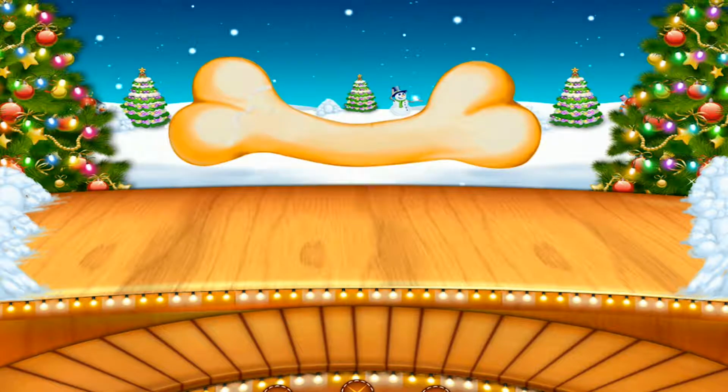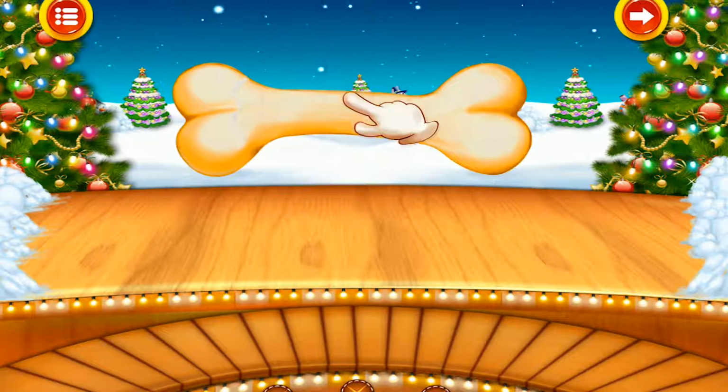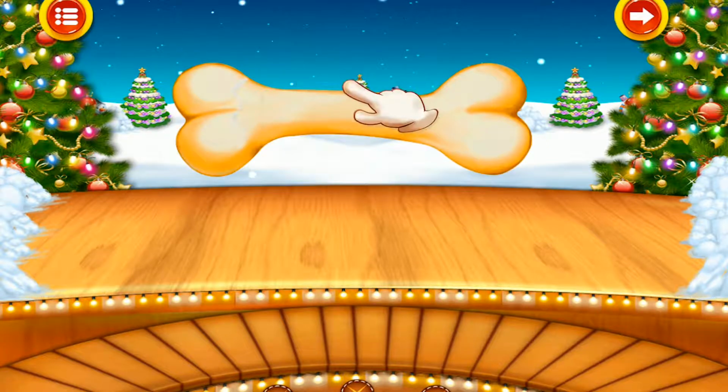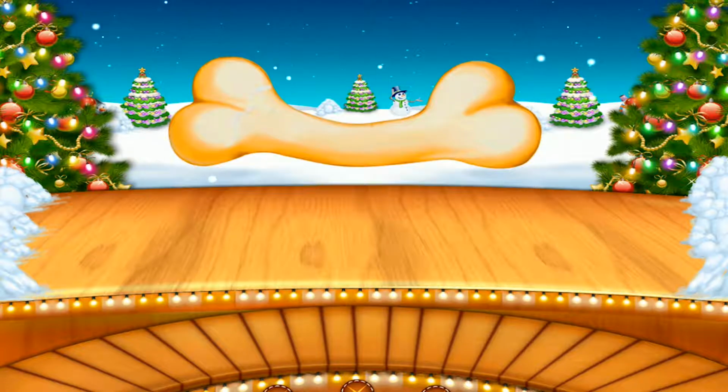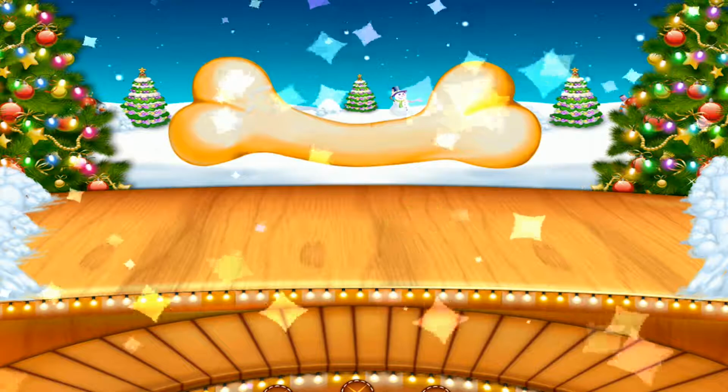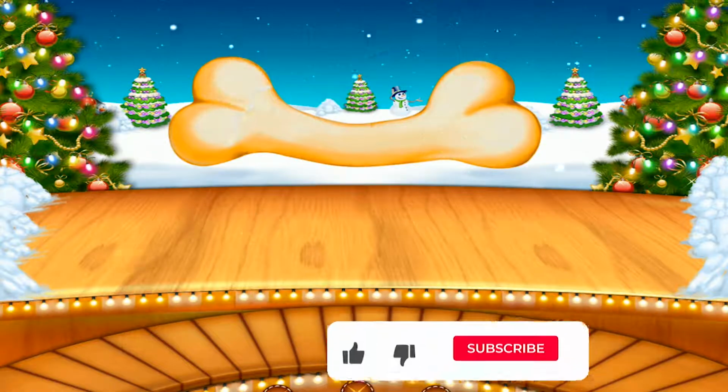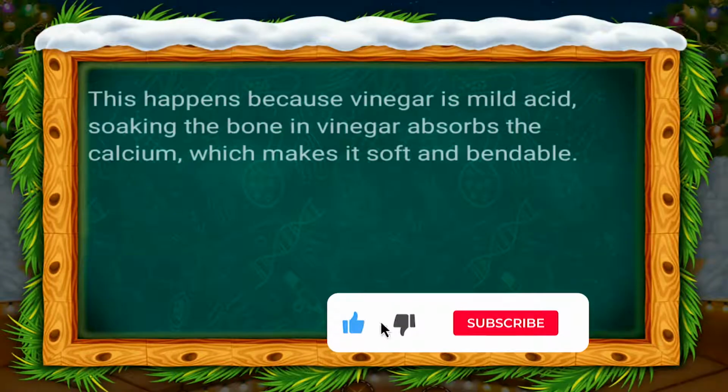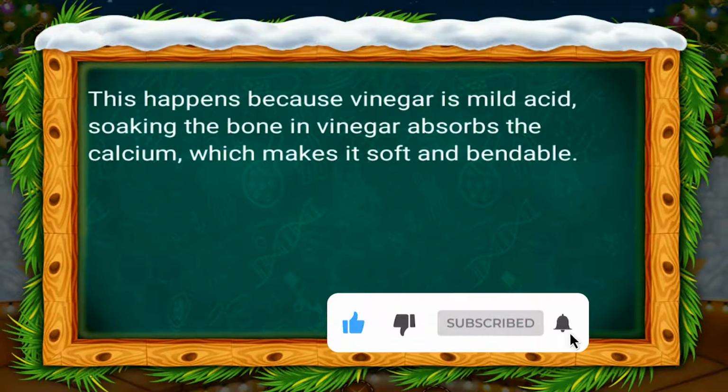What did you observe? This happens because vinegar is a mild acid. Soaking the bone in vinegar absorbs the calcium, which makes it soft and bendable.